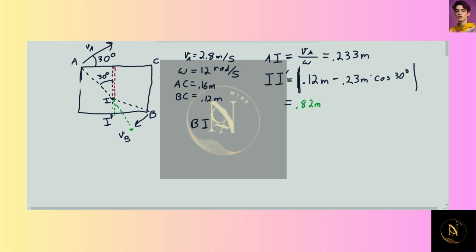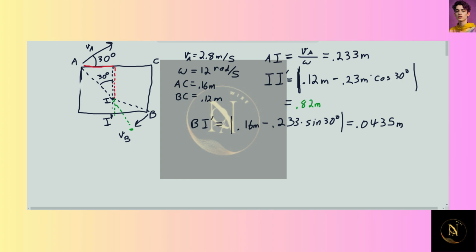We have BI prime, which will just be the entire length of the horizontal distance, which was the length AC, or 0.16 meters, minus this portion, which I'm going to highlight in red here again, which will just be 0.233 times the sine of 30 degrees this time. And this will give us 0.0435 meters.